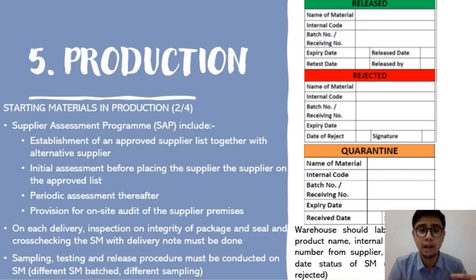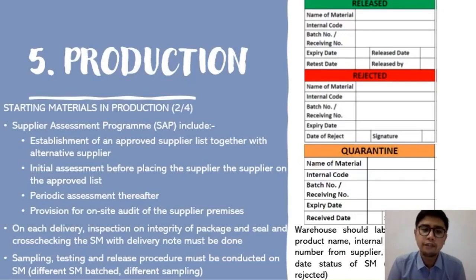After the vendor is successfully listed, a periodic assessment should be done at appropriate intervals by on-paper assessment as well as by on-site audit activity. Although the starting material is purchased from an approved supplier, all starting material must be inspected on the integrity of package and seal, as well as cross-checked to make sure the starting material received corresponds with the delivery note.